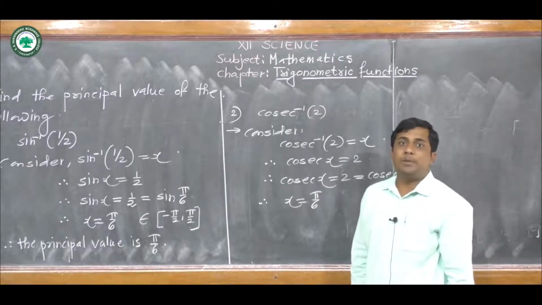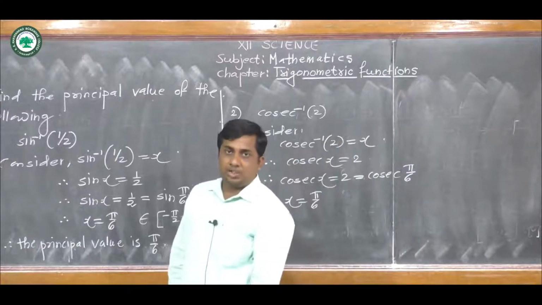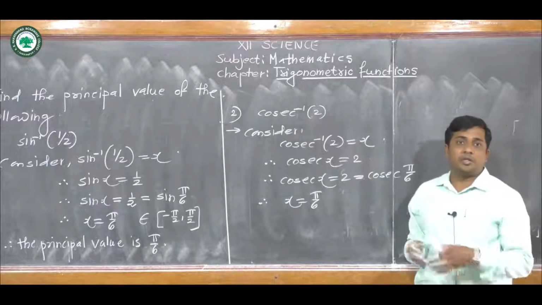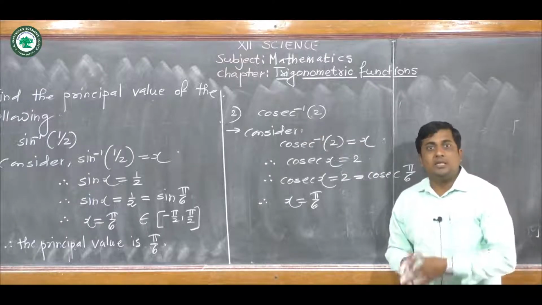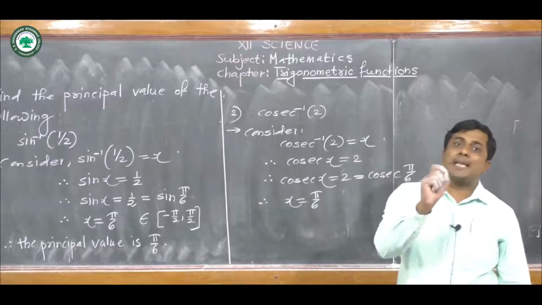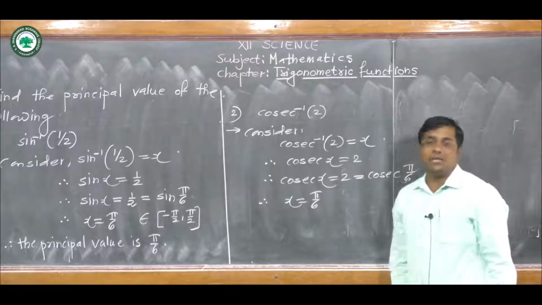Now we consider the principal value branch. The principal value branch for the given function cosec inverse is the closed interval minus pi by 2 to pi by 2 except the value 0.